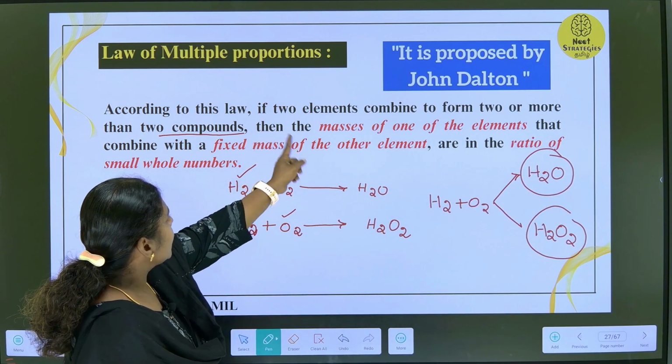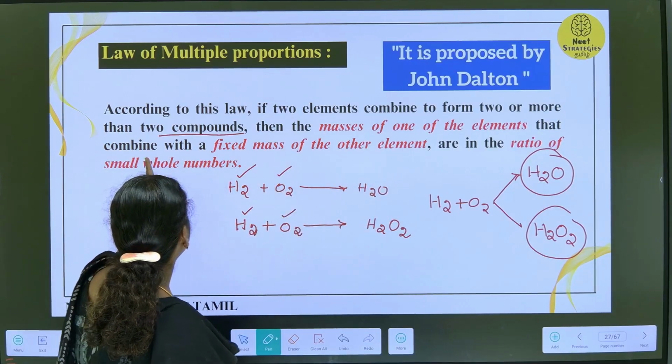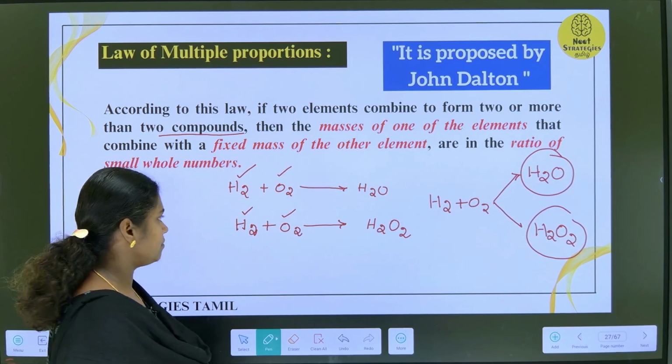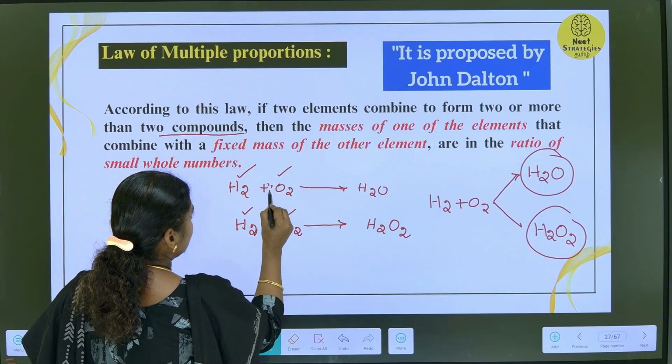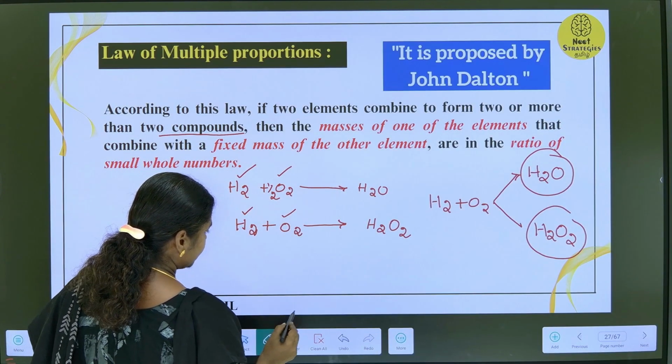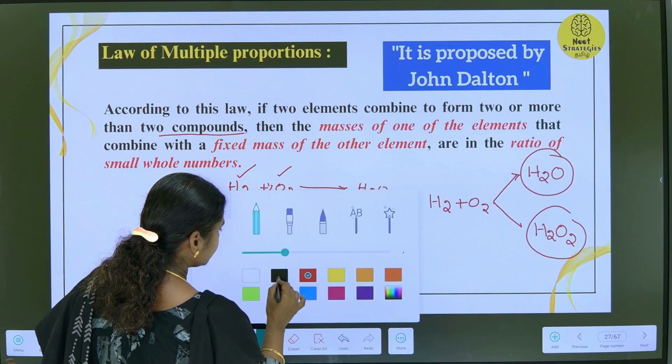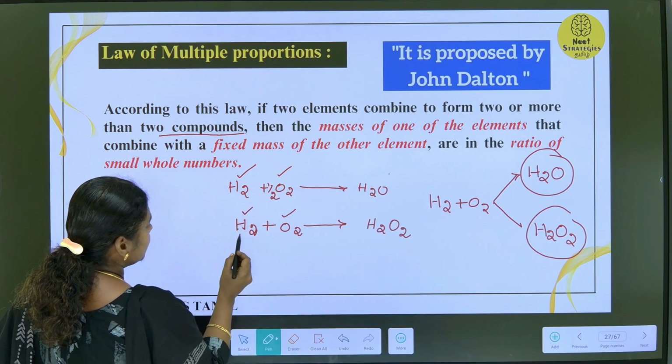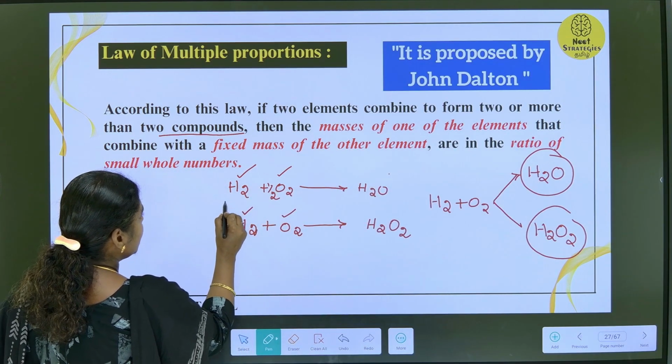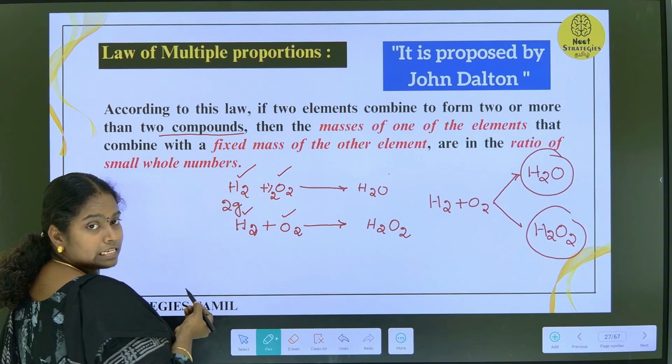Then the mass of one element that combines with the fixed mass of the other element. If we take oxygen, the mass of the one element, hydrogen, is 2 gram.